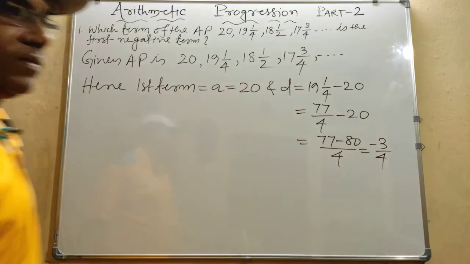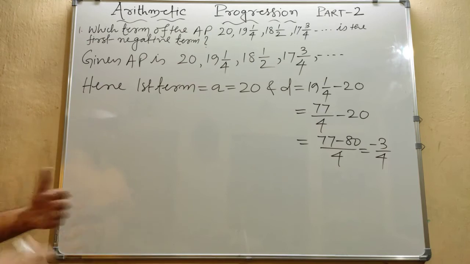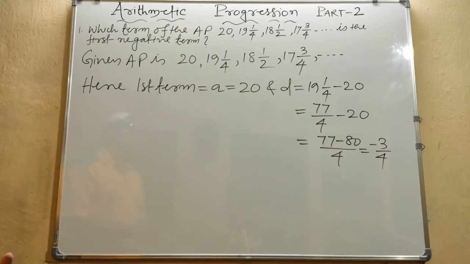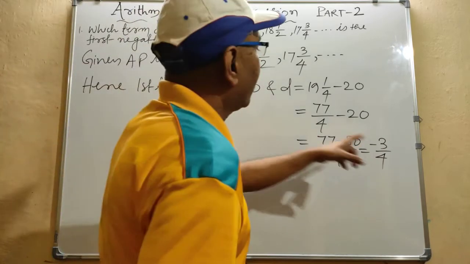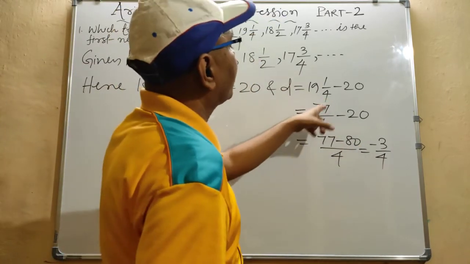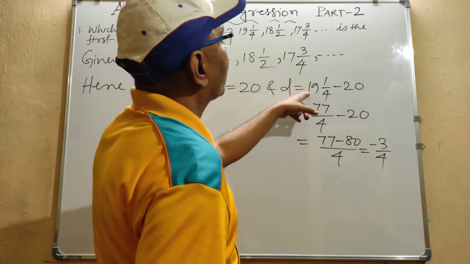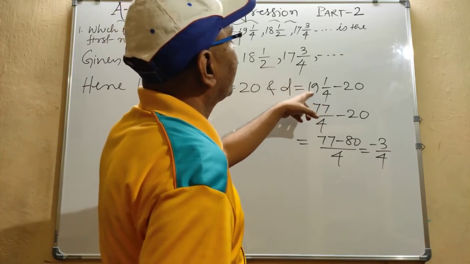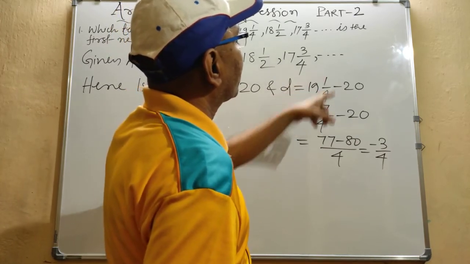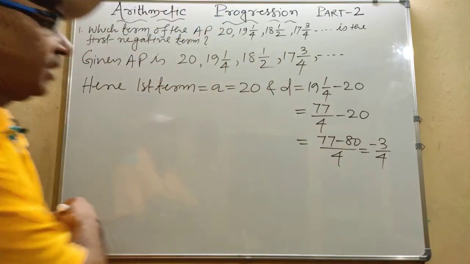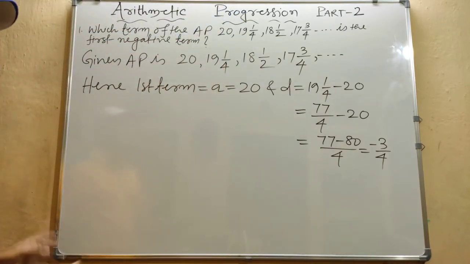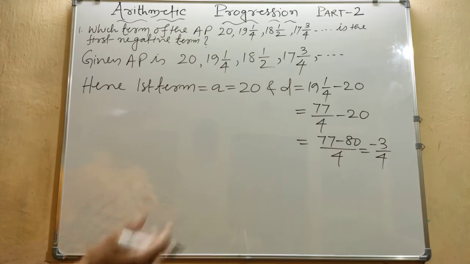Going on decreasing, so the common difference will come with a minus sign. Understood this? 19 1/4 is 77 by 4. So it is minus 3 by 4 is the common difference because it is going on decreasing.